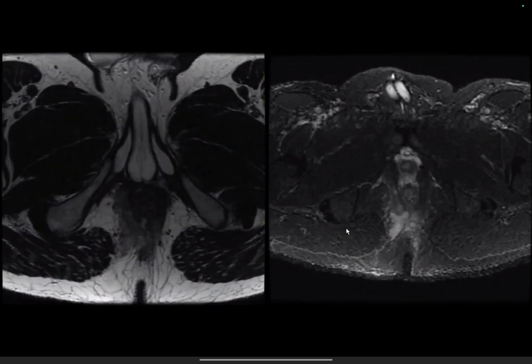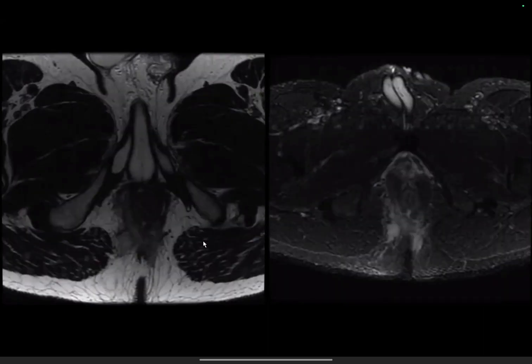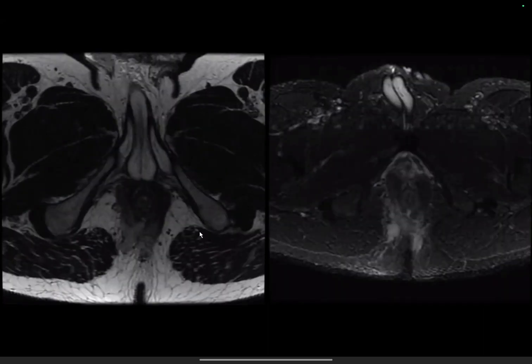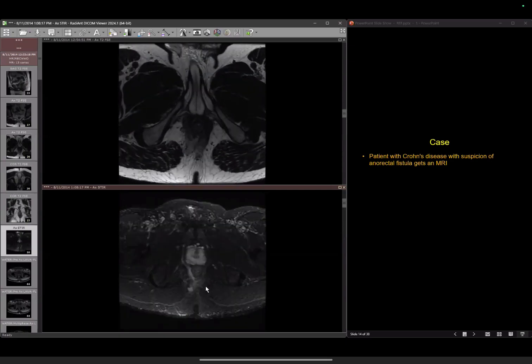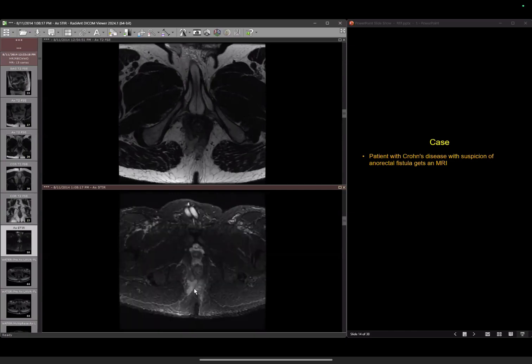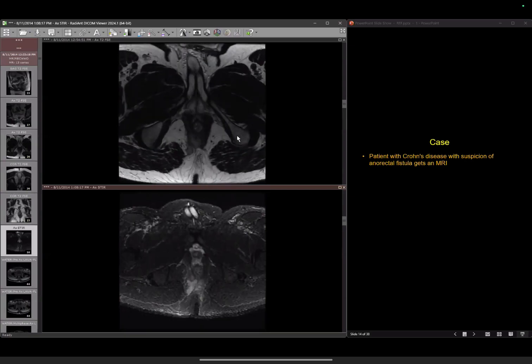With surrounding edema in the muscle also seen. Right. So that's the reason I wanted you to see this case. If I ask you, is there or is there not an abscess? You're absolutely right. There is T2 bright signal, and it looks like there is. It's extending out, and it seems like there is an area that could potentially be an abscess.